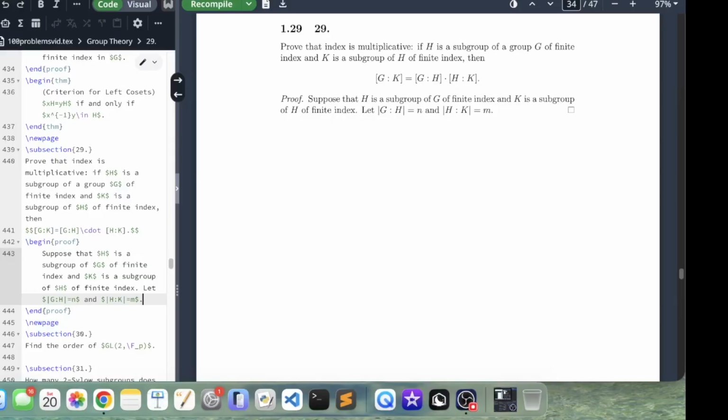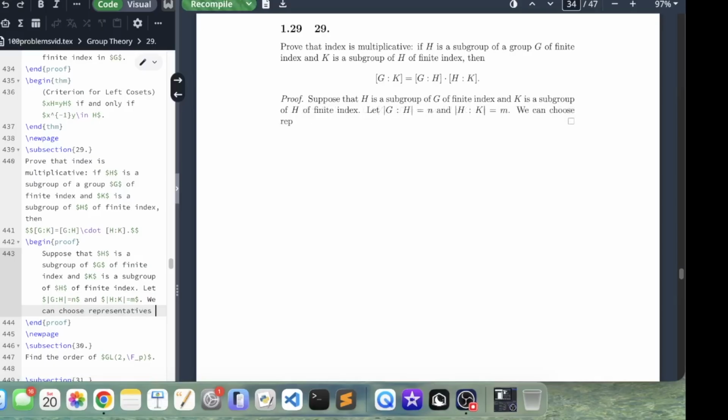So we're going to use a characterization of index, which is that we can choose representatives for left cosets.